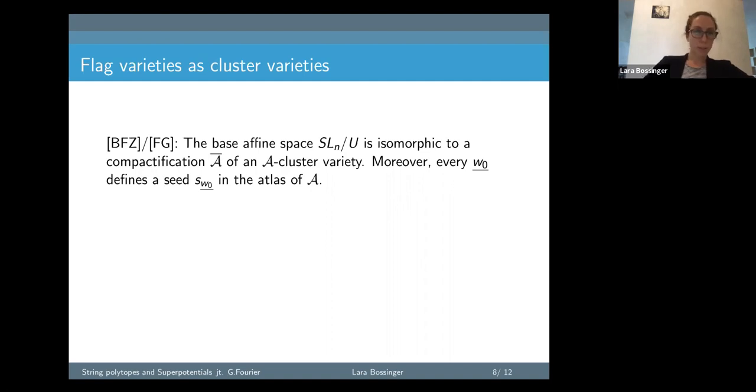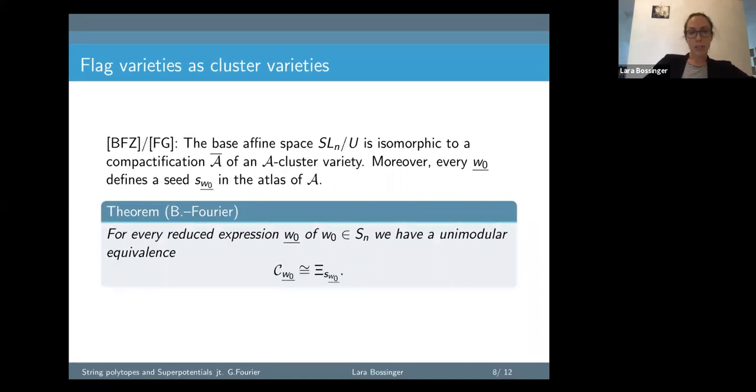So this is naturally the place where we look for identifying these toric degenerations, and this is exactly what we show. If you fix the reduced expression of the longest element, then there's a unimodular equivalence between the weighted string cone and the superpotential cone, the cone that is the tropicalized superpotential in that specific set of coordinates.